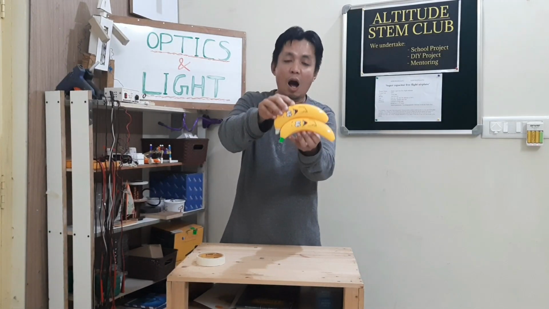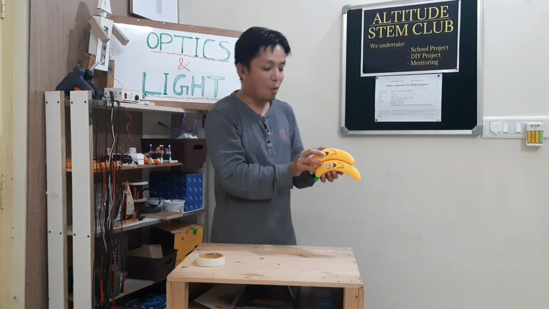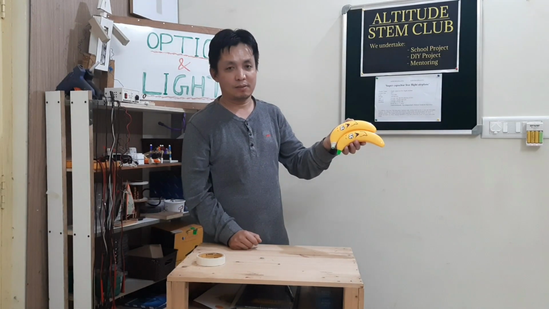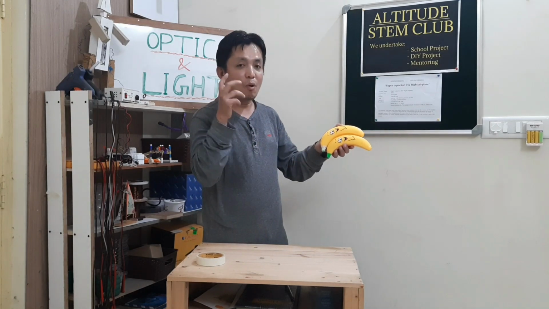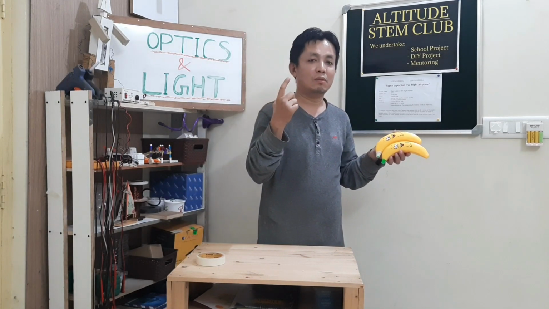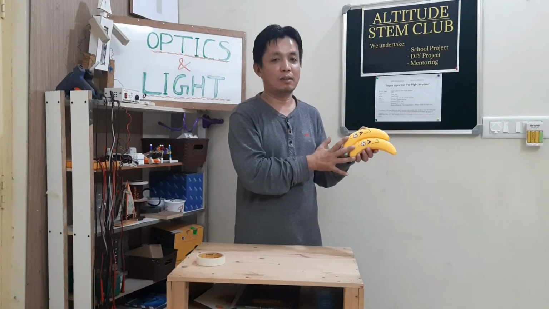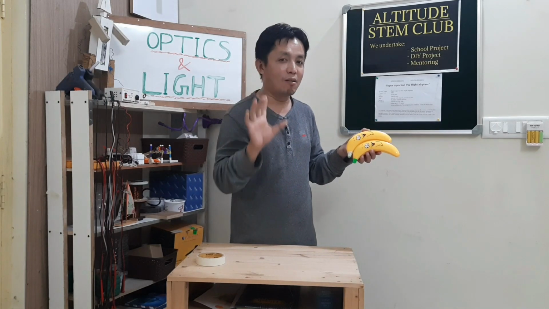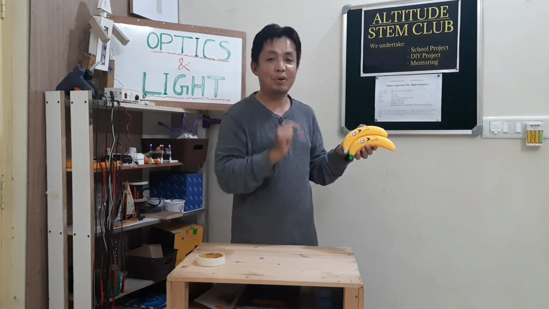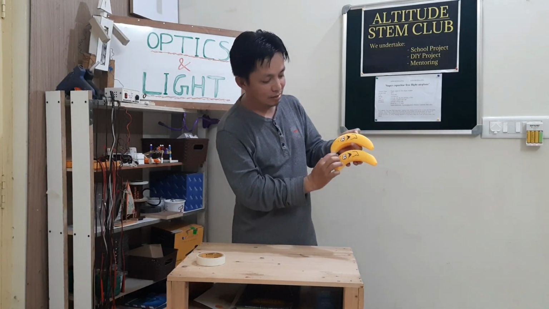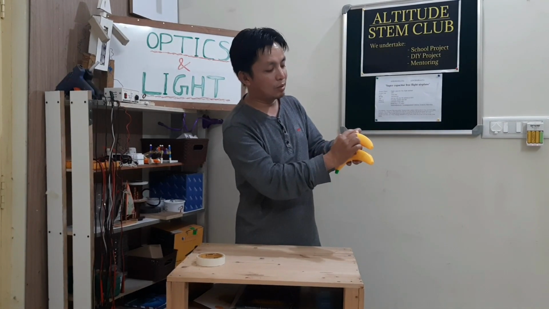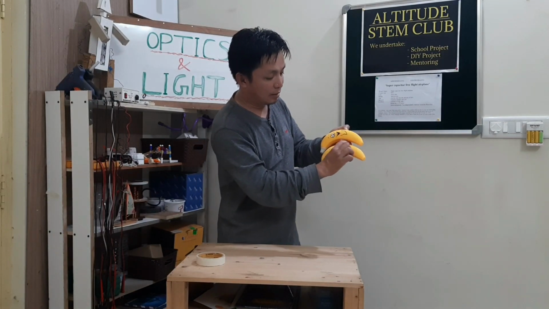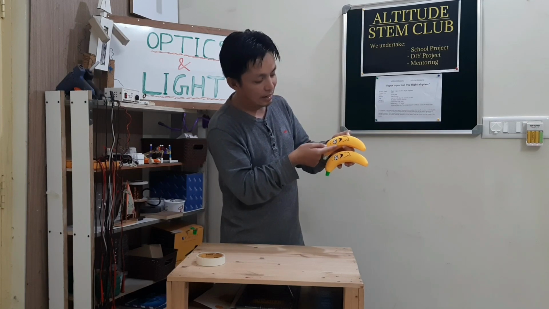This is an illusion. How does this happen? Our eyes receive the information about the size of these two bananas. After receiving the information, our brain needs to use logic to determine which one is bigger. Here our brain did a wrong comparison. Instead of comparing these outer edges with these outer edges, our brain compared these outer edges with these inner edges.